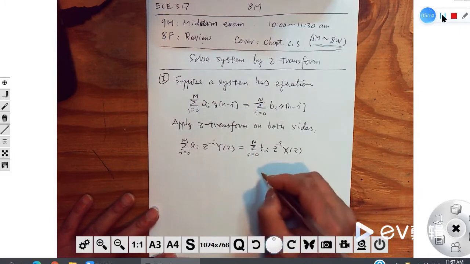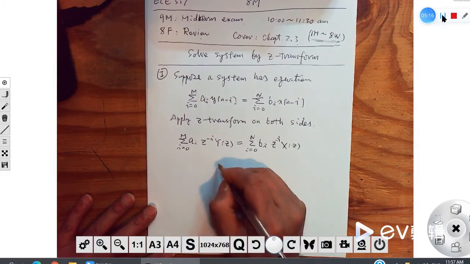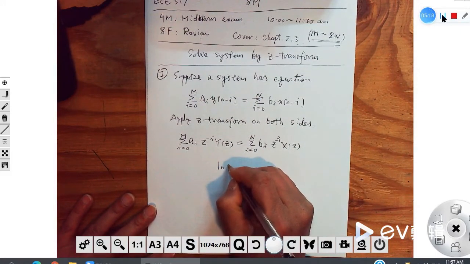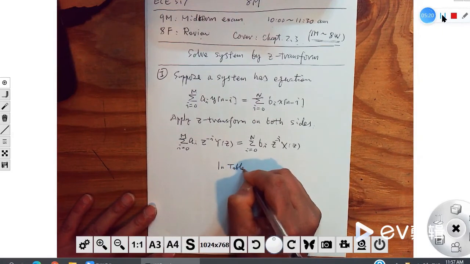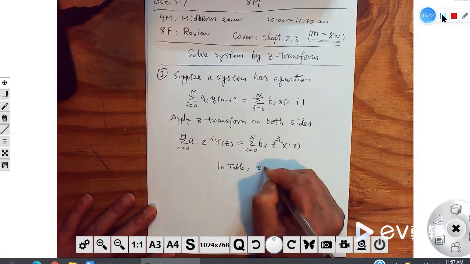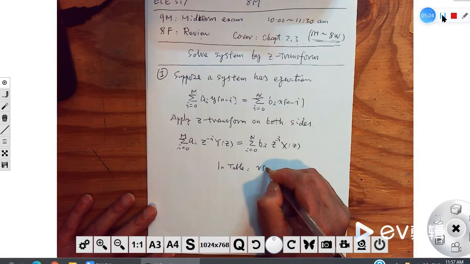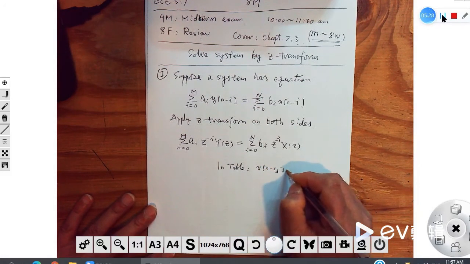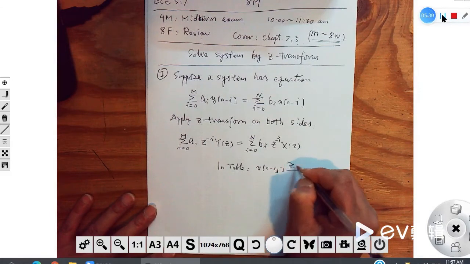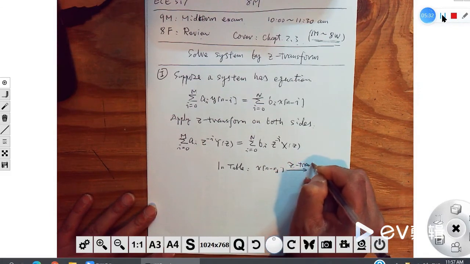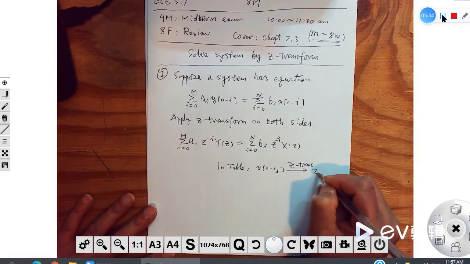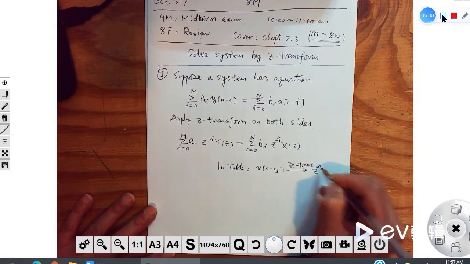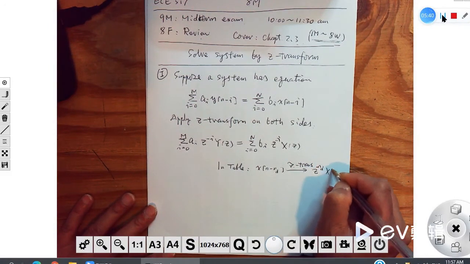Actually, here we use a property in the table. You can find it from the table. For any signal x of n minus n_d, which is a delay, when we perform the Z-transform, we will have z to the negative n_d times capital X of z.